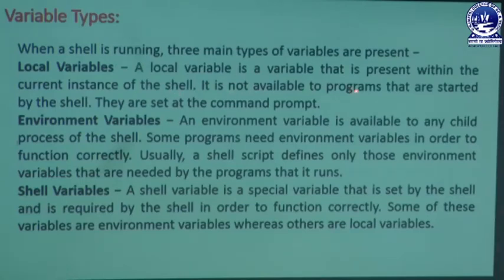It is not available to programs that are started by the shell. They are just set at the command prompt. We cannot manipulate it. So a local variable is one normal variable which is generally present in our Unix operating system, a normal instance in our shell environment. So it may not be available to programs that may be started in shell programming. It can be used at the command prompt.